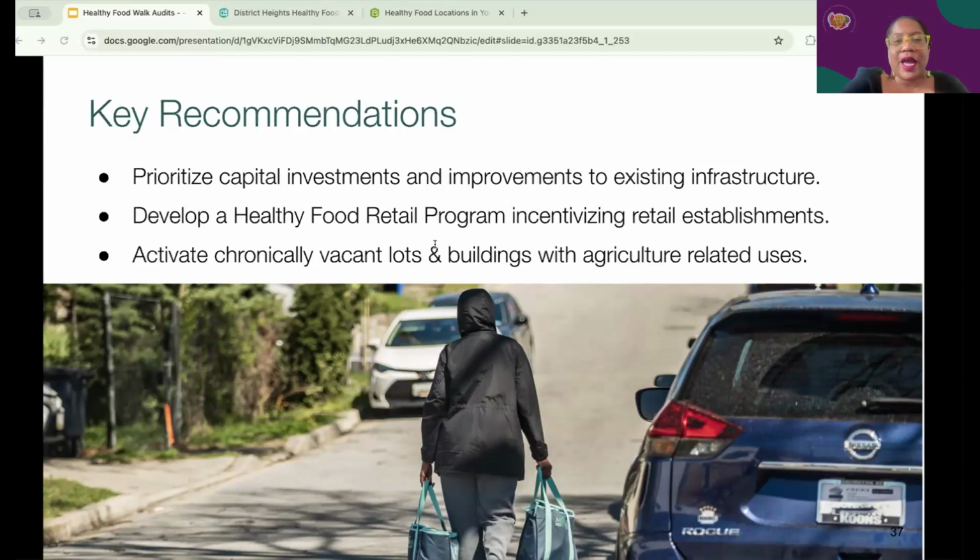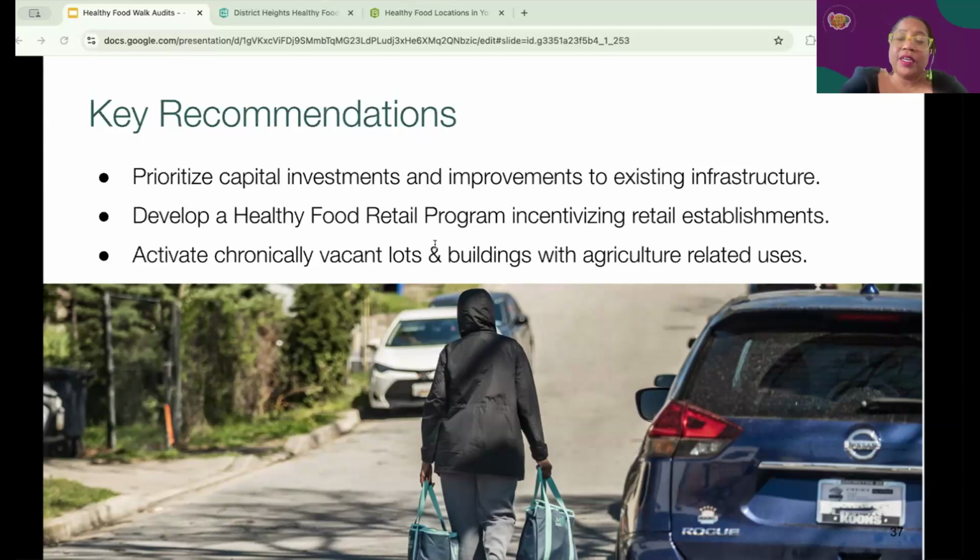So we noted high rates of vacancy, or empty commercial facilities, and facilities that have been chronically vacant. Those served as opportunities for the city to generate a small fund to support local farmers or food producers like Xavier.